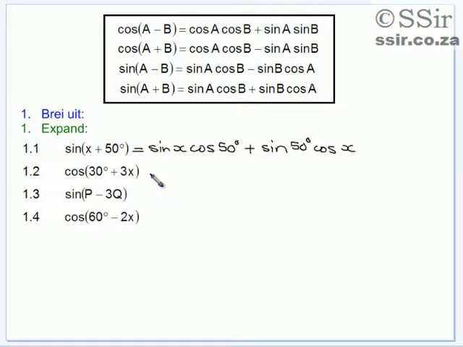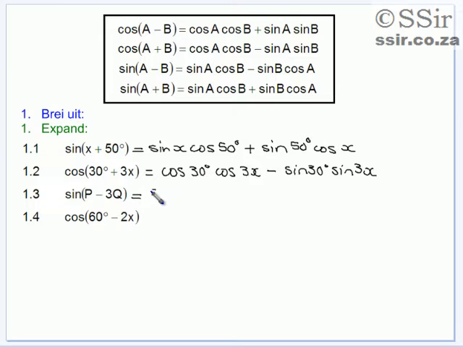The second one, cos of 30 degrees plus 3x, is that second formula. So this becomes cos of 30 degrees times cos of 3x minus sine of 30 degrees times sine of 3x. The third one, sine of p minus 3q, third formula.